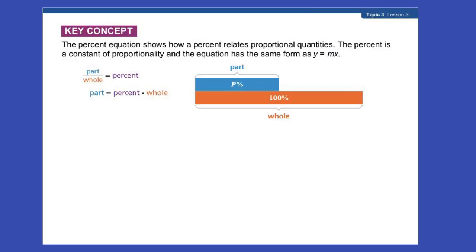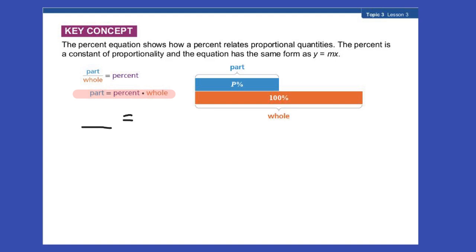All right, this is our key concept on page 158. The percent equation shows how a percent relates proportional quantities. The percent is a constant of proportionality, and the equation has the same form as y equals mx. So we're going to use this, and it's kind of a fill in the blank type of thing.